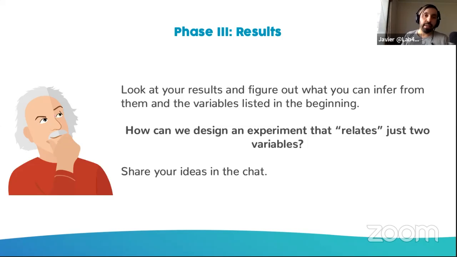So the idea, now that you have a ramp, that you have a ball, and that you can measure the motion of the ball using the camera tool, is how can we design an experiment that we can address if two variables are related. For example, how can we see if the drag of the air is related with the distance that the ball hits the ground from the ramp, right? So that could be one experiment that you could design.